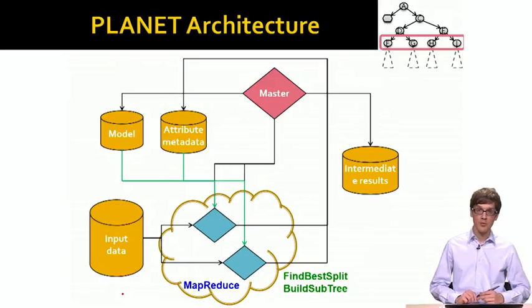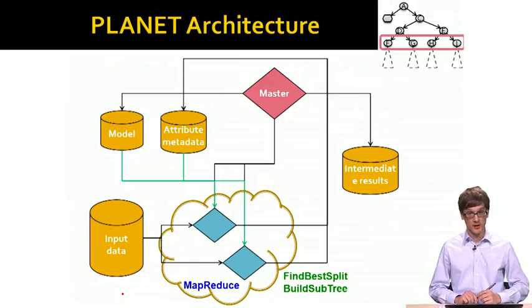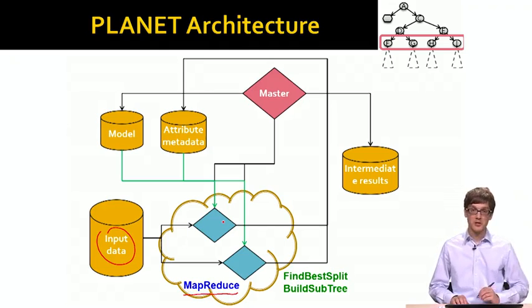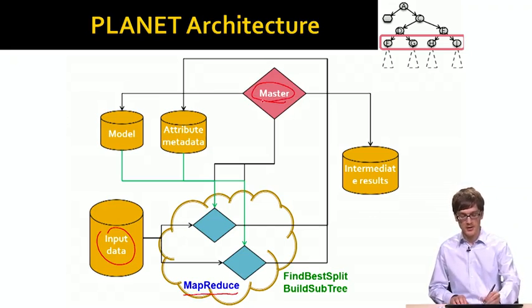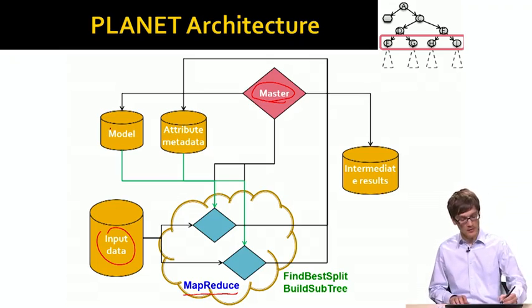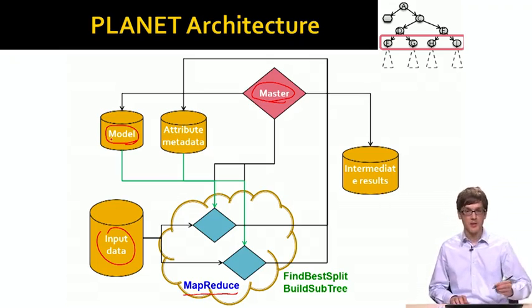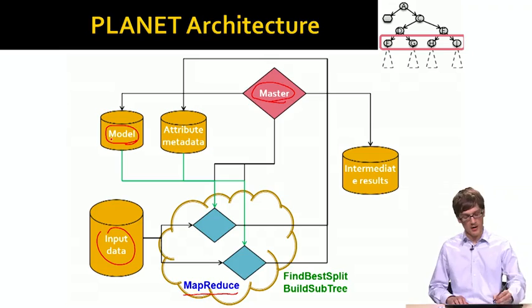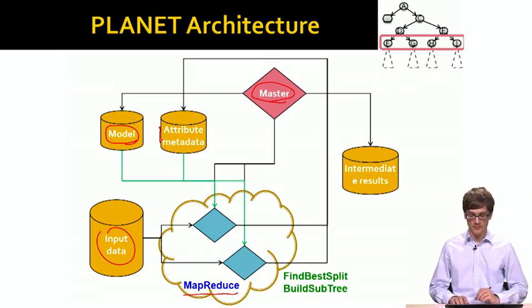So our overall system architecture will be something like this. We will have a sequence of MapReduce jobs that read the input data and process it. We will also have the master node that keeps track of everything. We will also keep separately in memory the model that we have built so far. We will keep some attribute metadata information.